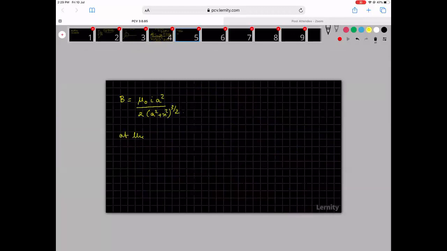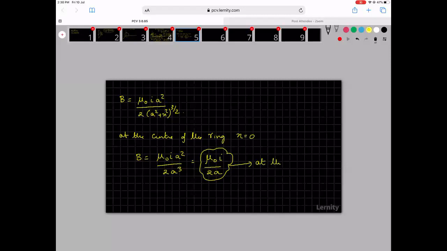At the center of the ring, x is equal to 0. So B is equal to mu naught I a square by 2a cubed, which is equal to mu naught I by 2a. This is B at the center of the ring.